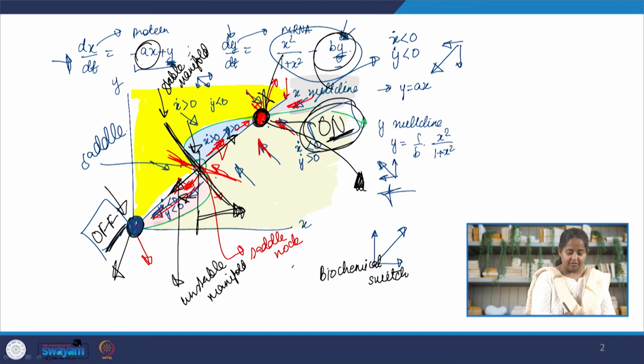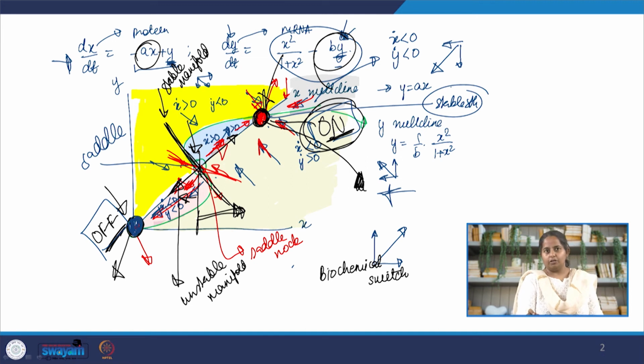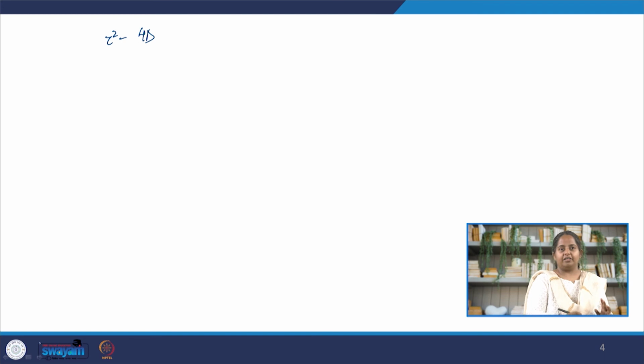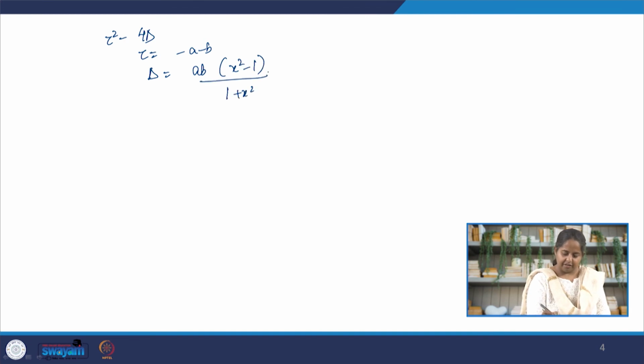That is for sure. We don't know what the stable something looks like. Is it a stable node or a stable spiral? That's what we are going to figure out by finding the value of tau square minus 4 delta. If you remember, tau was equal to minus a minus b, and determinant we figured out was ab times (x square minus 1) over (1 plus x square).